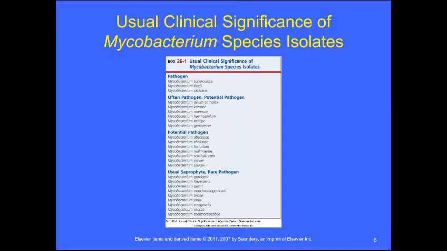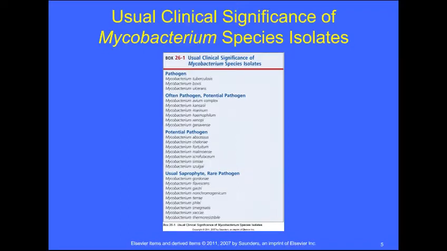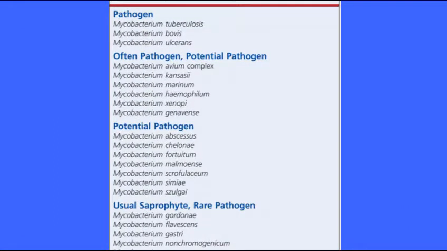Now, this is the usual clinical significance of Mycobacterium species isolates. Let's enlarge this. Pathogens: Mycobacterium tuberculosis, Mycobacterium bovis, and Mycobacterium ulcerans.